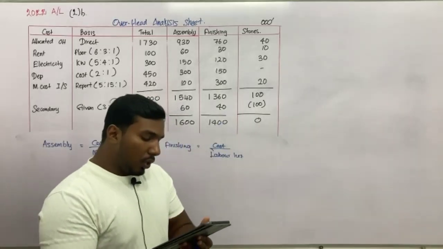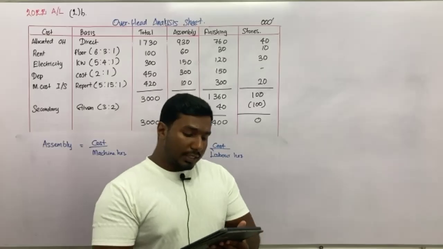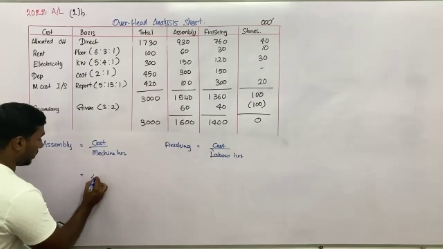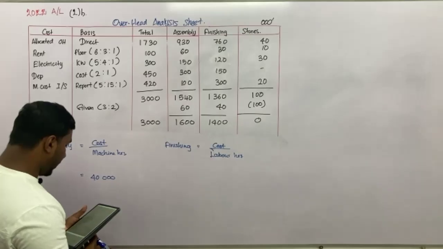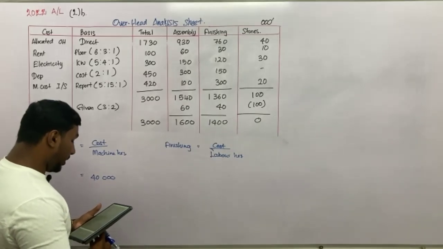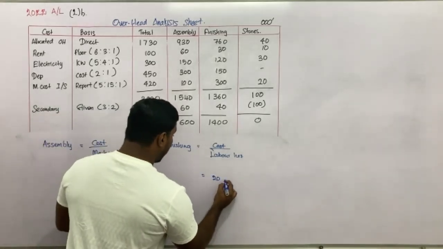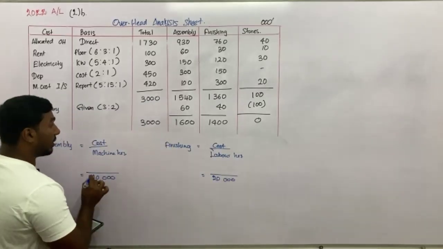Okay. So the budgeted machine hours of the assembly cost center is 40,000. Yes, 40,000 since the machine hours is also given. Okay. And budgeted labor hours for the finishing cost center is 20,000. Okay. Now let's divide.